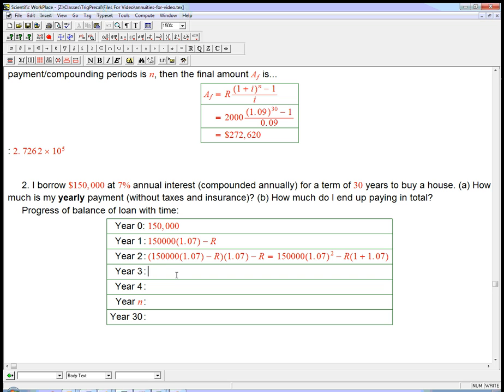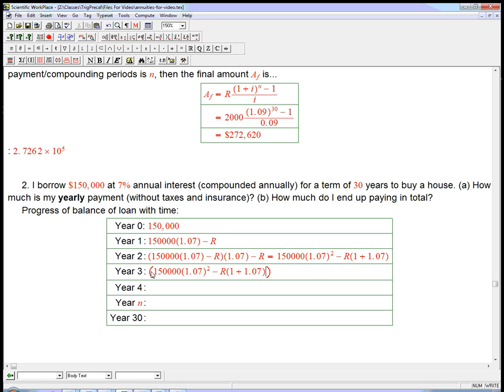Year 3, we're going to take that entire amount, put it in parentheses. That's what they're charging us interest on. And then we knock it down with another payment. Looks a little intimidating, but here's where we're going to start to see there's actually a fairly simple pattern. When we distribute in this 1.07, we're going to get 150,000 times 1.07 cubed.